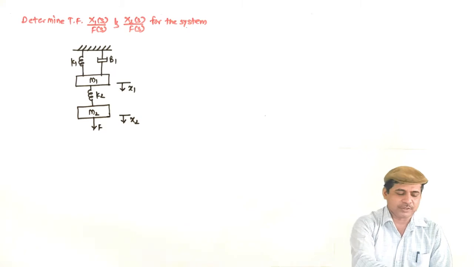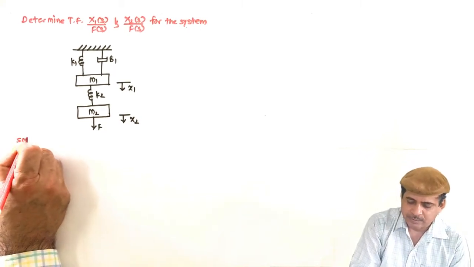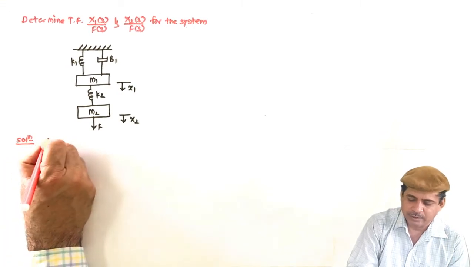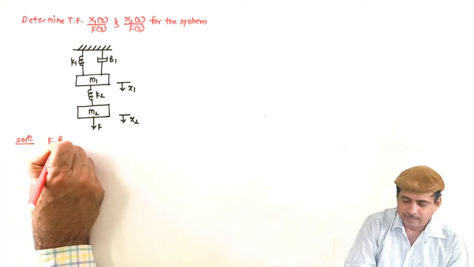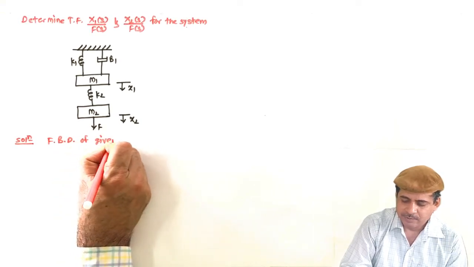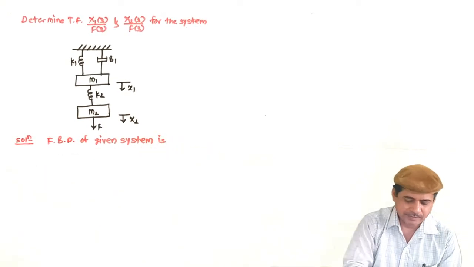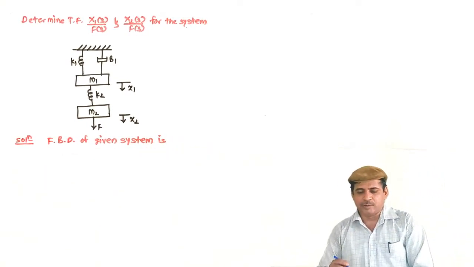So now how to do for this? Procedure is same. We have to draw the FBD of the given system. What will be the FBD or how will be the FBD?